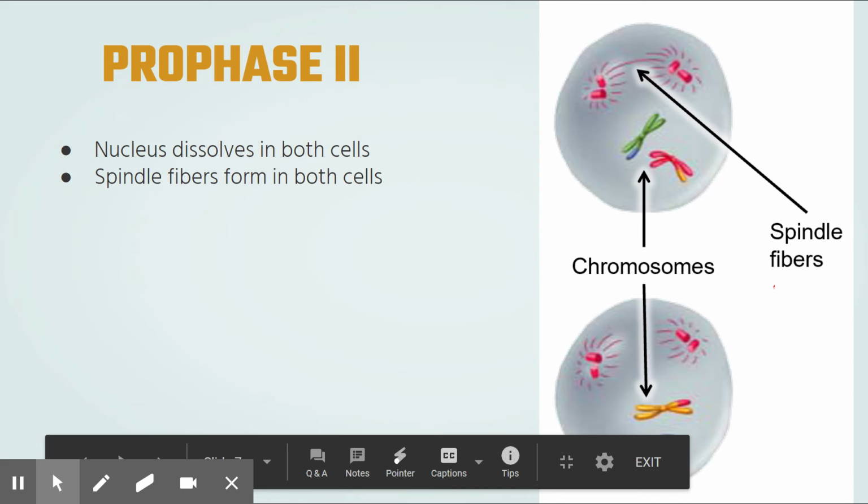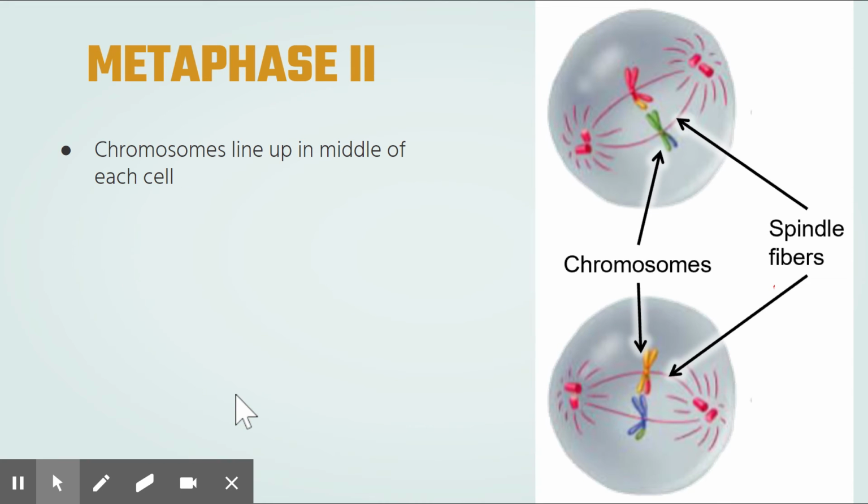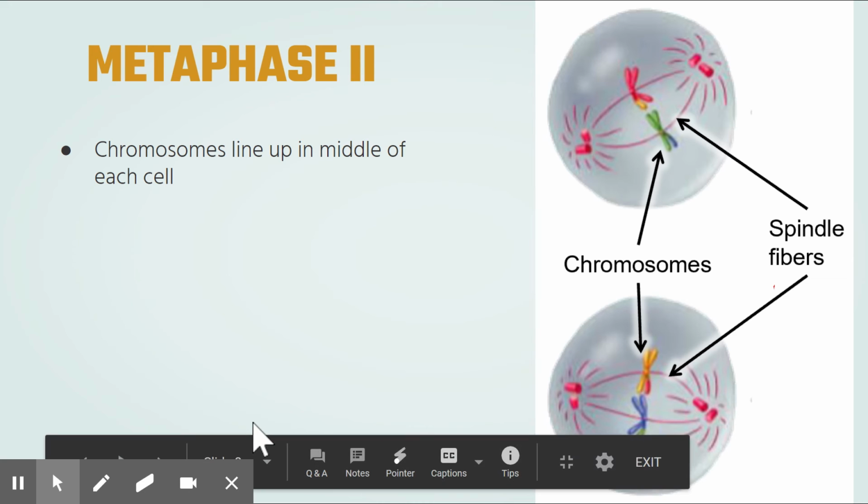Moving into metaphase 2. Metaphase 2, M for middle. During metaphase 2, the chromosomes line up in the middle of the cell. Notice how, in this picture, the chromosomes are lined up by themselves.